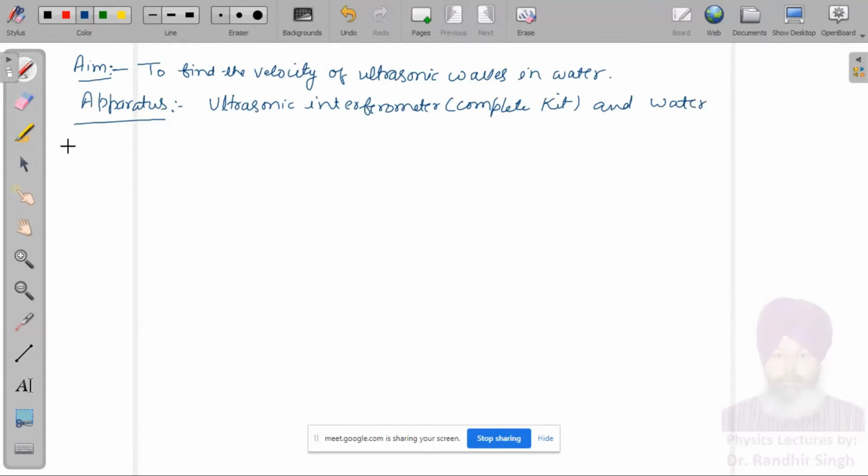So then what is the formula used? Formula used is very simple.